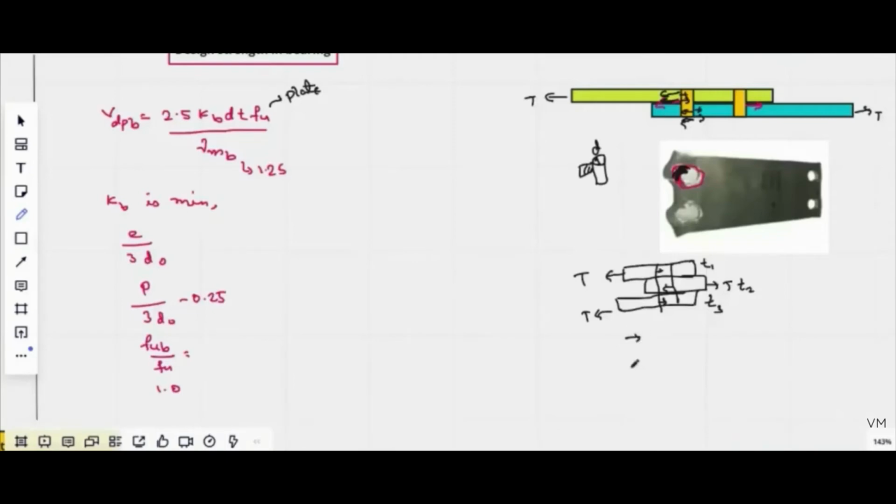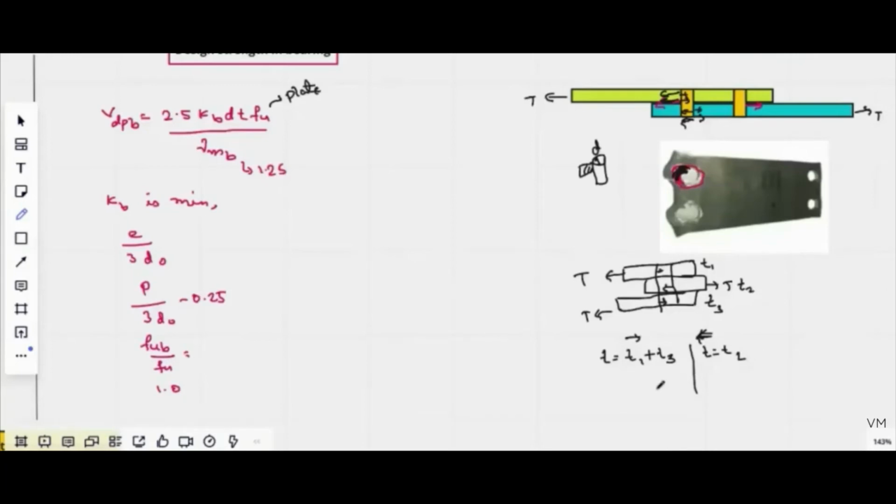If it is applied in this direction, then the thickness shall be taken as the summation of the thicknesses of the plates experiencing bearing in the same direction. These two plates are experiencing the bearing force in the same direction, that is why we need to sum them. Whereas in the opposite direction, the value will become T2.